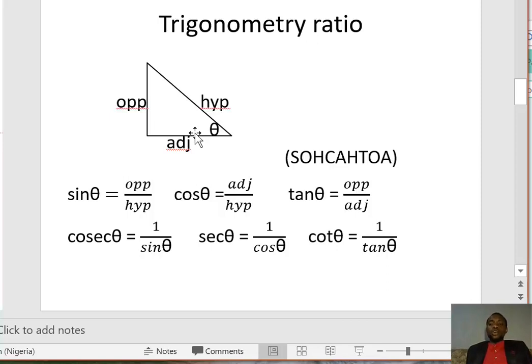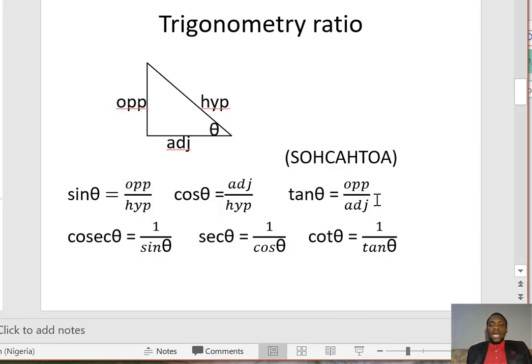Then the trigonometry ratio is talking about the ratio of the sine of the angle, cosine of the angle, and tangent of the angle theta. The sine of the angle is equal to the opposite over hypotenuse. While cos theta is the adjacent over hypotenuse. Then tan theta is opposite over adjacent.